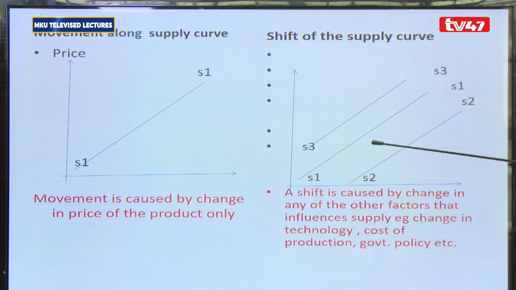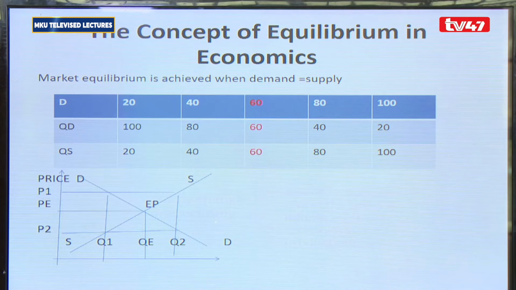But if the state of technology decreases, at every price less will be supplied. So when the state of technology increases, the supply curve will move from S1 to S2. But if it goes down, the supply will move from S1 to S3 as demonstrated on our curves. So those are the factors that cause the two to change.